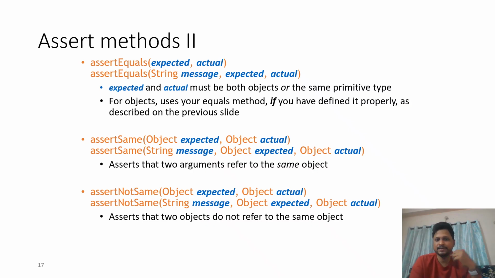Okay, assertSame is also one of the asserts, used with two arguments, to validate whether they are the same objects or not. assertNotSame is quite the opposite of assertSame. If those two objects are not the same, we validate it in a different way. If both the objects do not refer to the same object, it will return true.